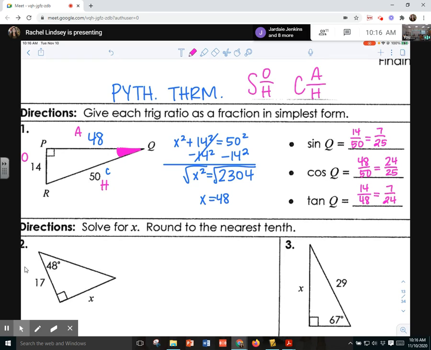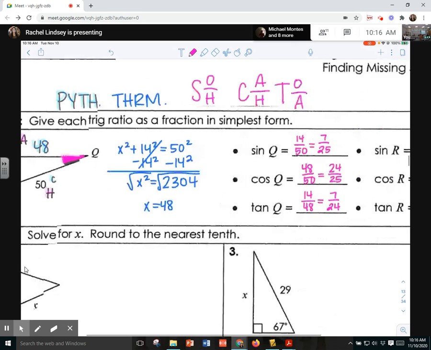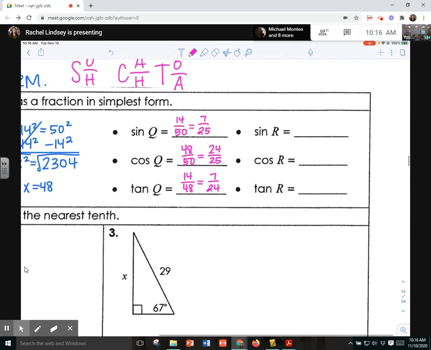So yesterday we talked about how if we find the sine, cosine, and tangent of one acute angle, we can use those to find sine, cosine, and tangent of the other acute complementary angle. So what would sine of R equal based off of what we just did for Q?